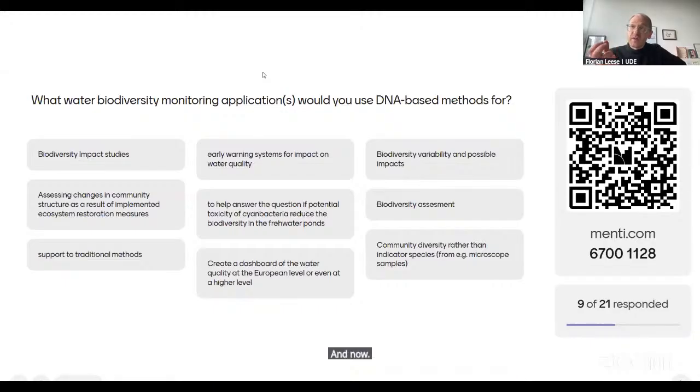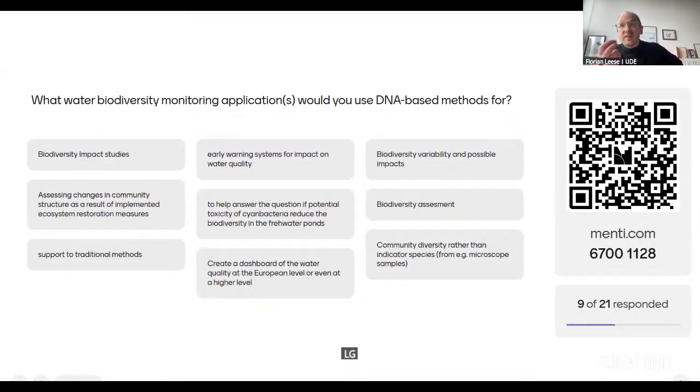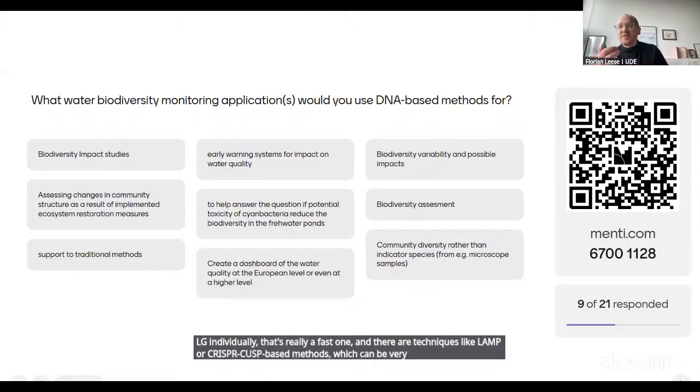For this microalga, Prymnesium, there's an assay, so you could quantify the abundance of this harmful alga individually. That's really a fast one. And there are techniques like LAMP or CRISPR-Cas-based methods, which can be very sensitive and fast.